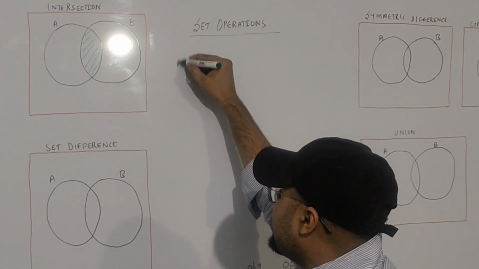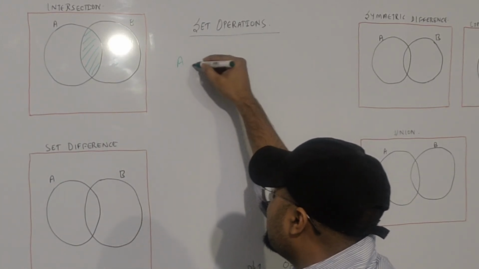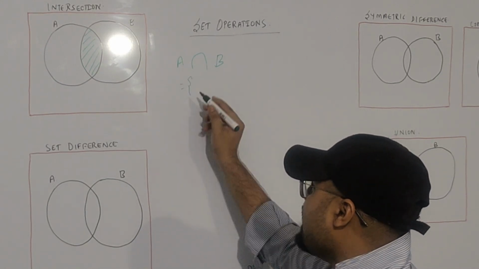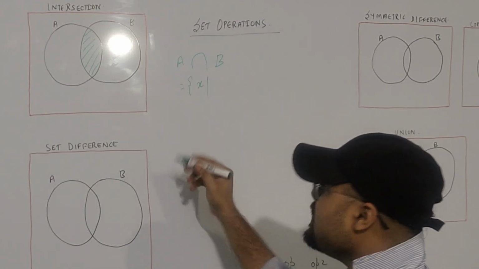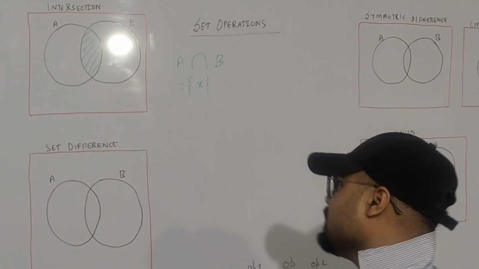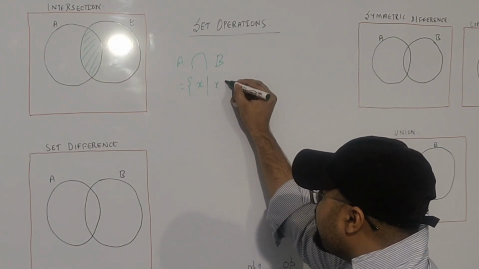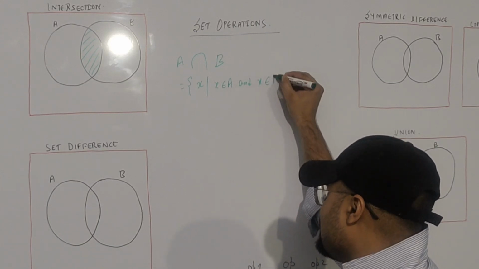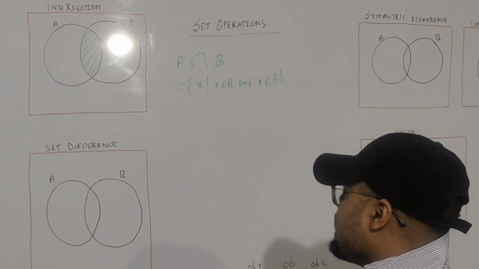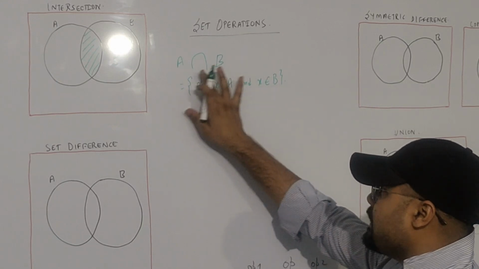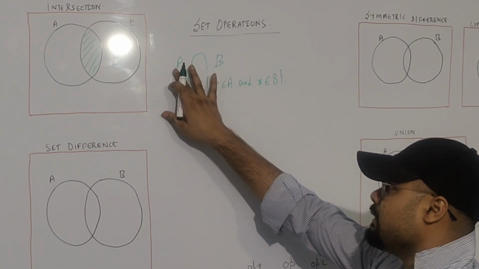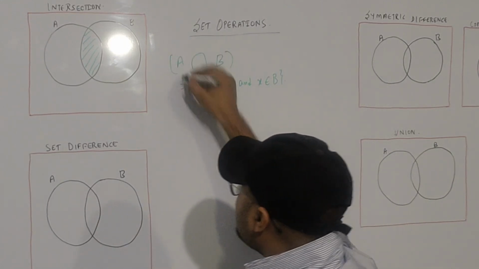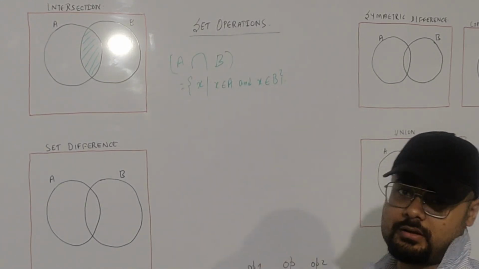If you have set A and set B, the intersection of A and B has all the elements that are in both A and B, such that x not only belongs to A, but it has to belong to B also. When you apply the intersection operation between two sets A and B, this whole thing is a set.